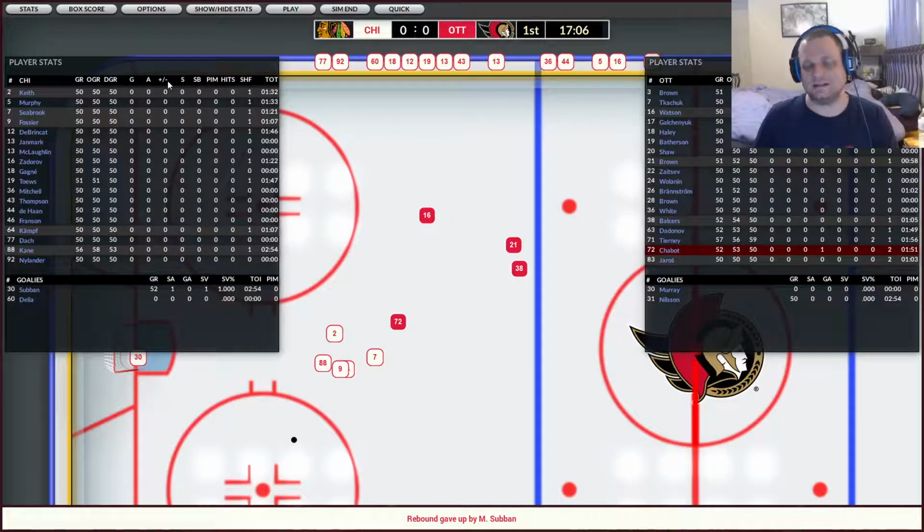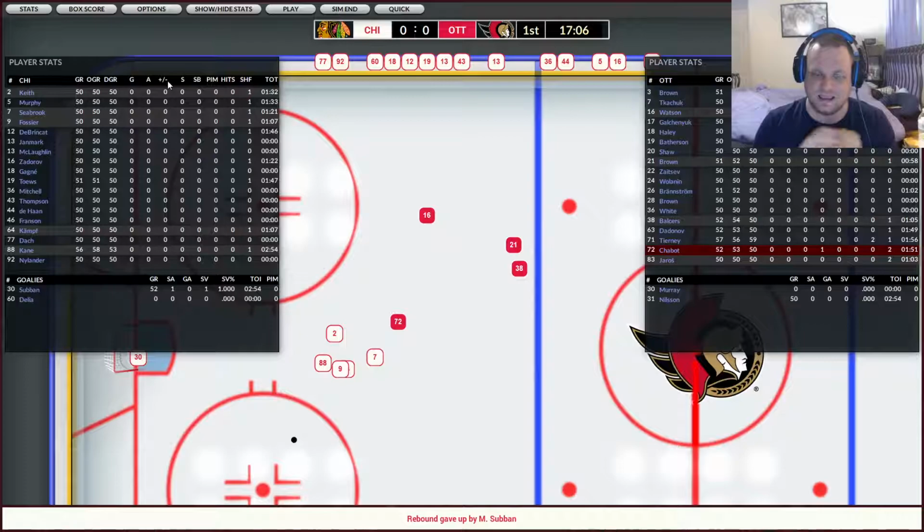So basically, the whole idea of the plus minus stat is to try to show the defensive capabilities of a player, or how often they are on the ice when goals are scored, or when goals are scored against.